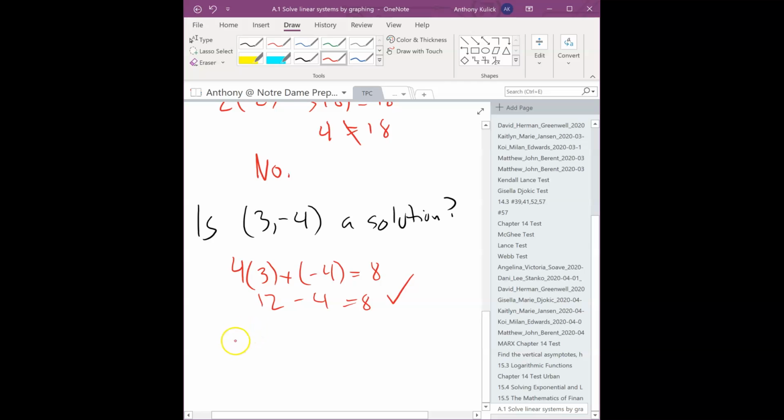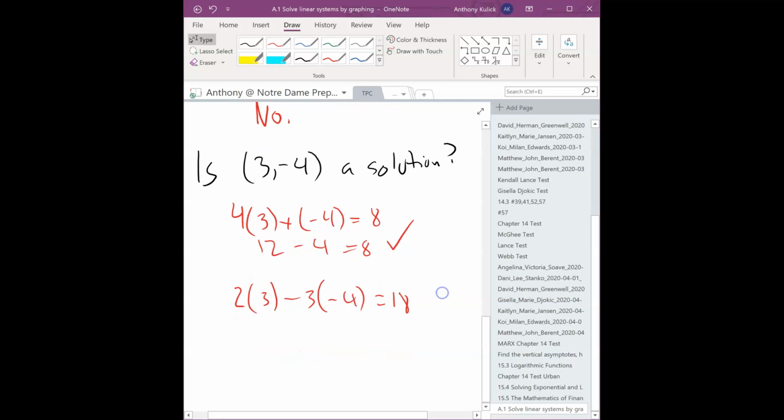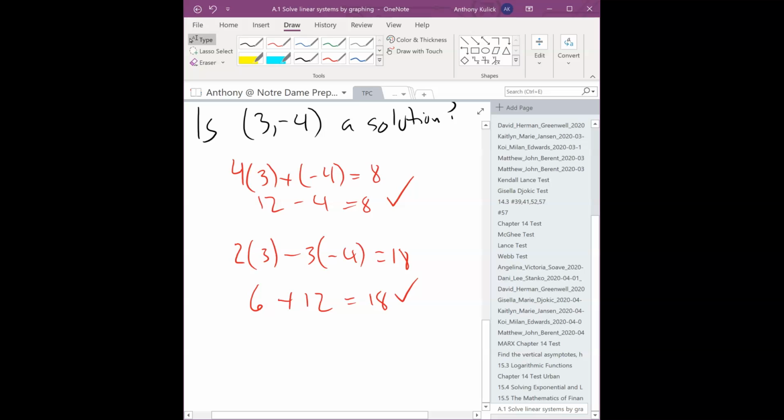And then if I try this in equation 2, I have 2 times 3 minus 3 times negative 4 should equal 18. So 6 plus 12 does indeed equal 18. And since (3, -4) satisfies both equations, we say yes, it is a solution.